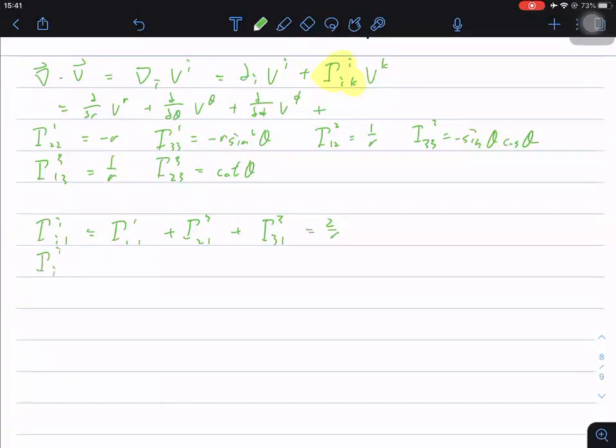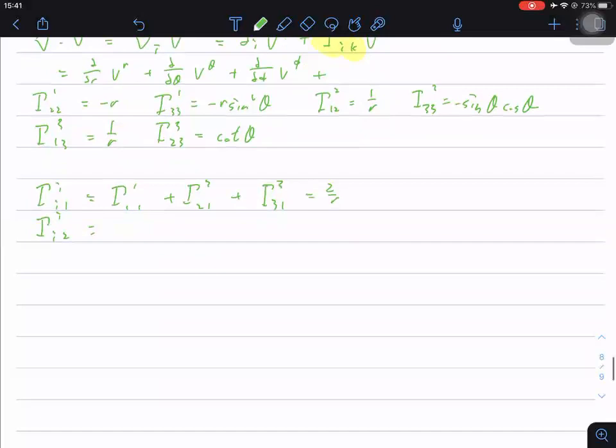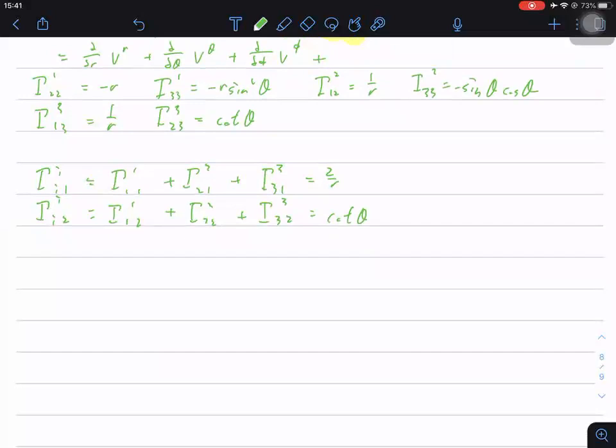And for k equals 2, we have Γ^1_12 plus Γ^2_22 plus Γ^3_32. And what we have here, I believe, is just cotangent theta. Okay, my handwriting is a mess.